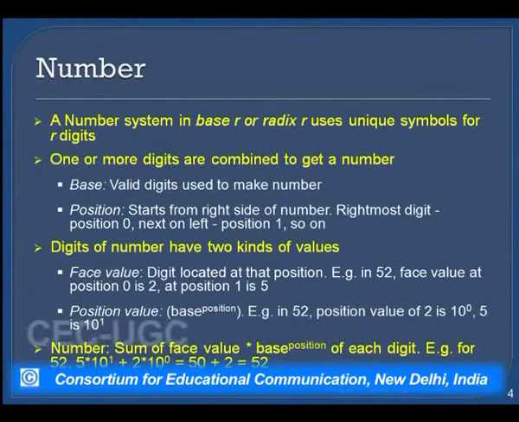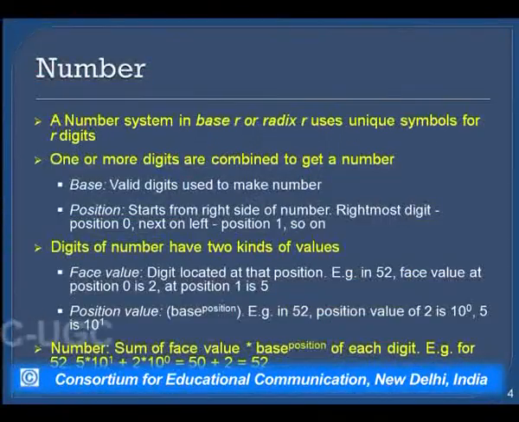The position of a digit in a number is counted from the right hand side of the number. The rightmost position of the digit is 0, the 0th place, and then the next one is the first place, and so on. Now when we take any number, the digits of the number have two kinds of values: one is the face value and one is the position value.